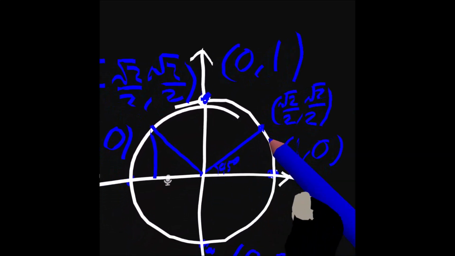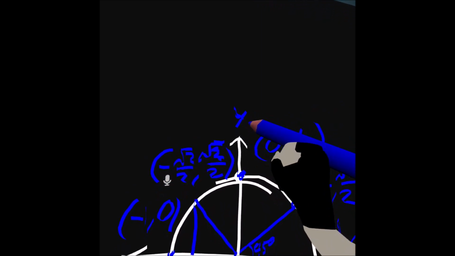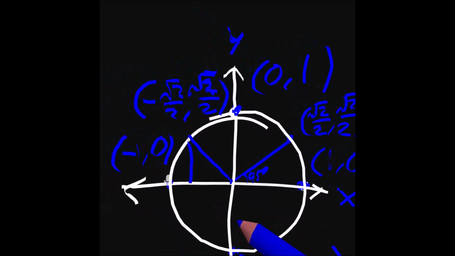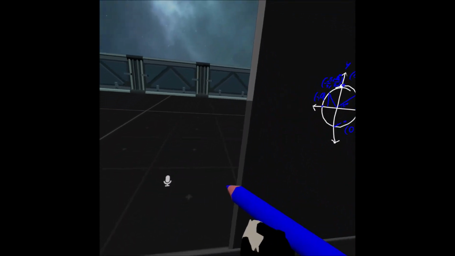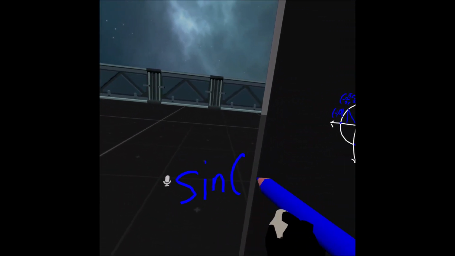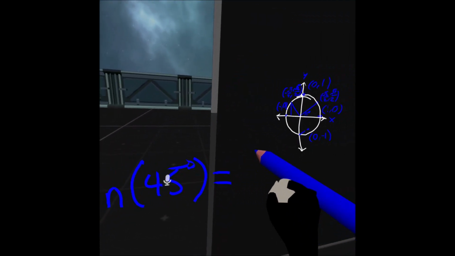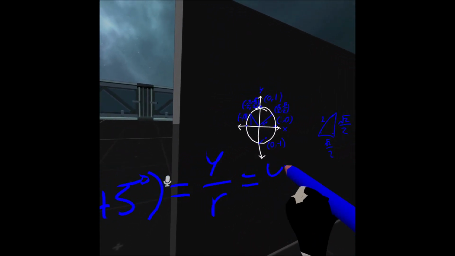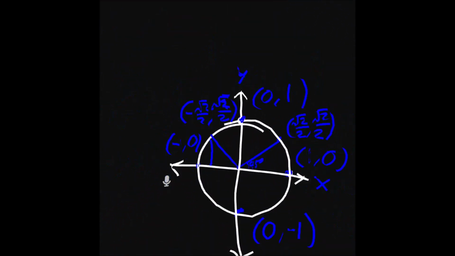So usually the y is like our sine, and our x is like the cosine. Because we set the radius to 1, if you think about it like this, sine of 45 degrees, we recap that this is y over r. r is 1, so this is just y. So that's why we only look at the y portion here for sine theta.